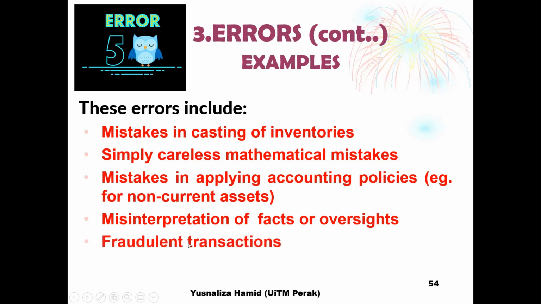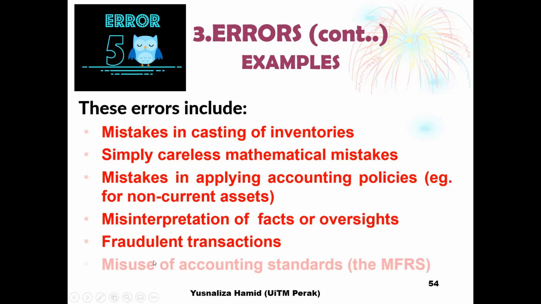Fraudulent transaction, where there are transactions that were not really taking place, but somehow the evidence is faked, and that creates a fraudulent transaction. Or maybe the transaction took place, but you have taken advantage of that particular transaction by taking some of it for your personal use.